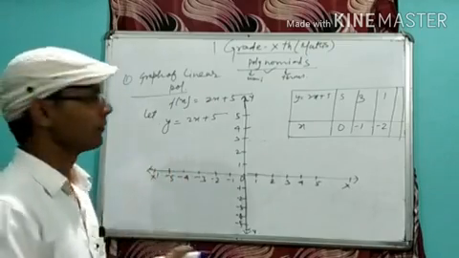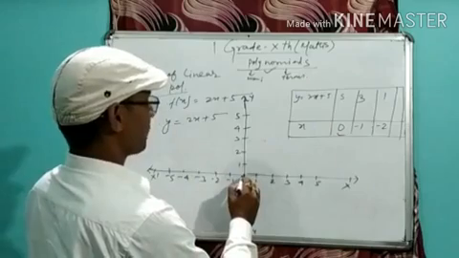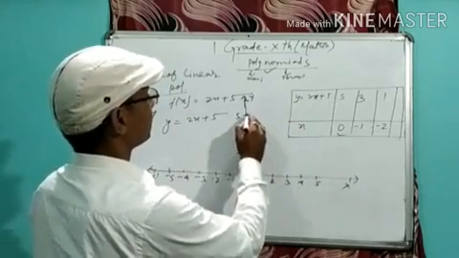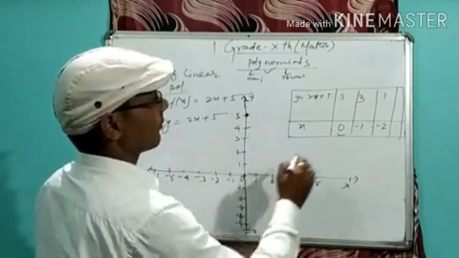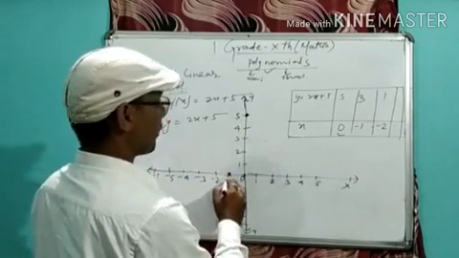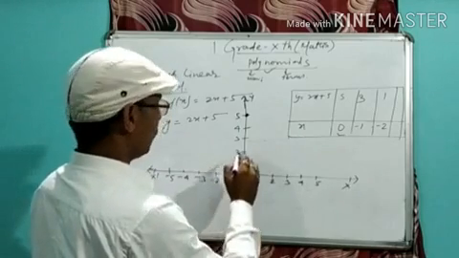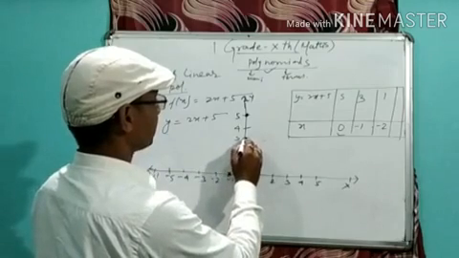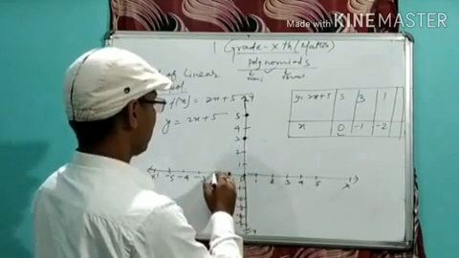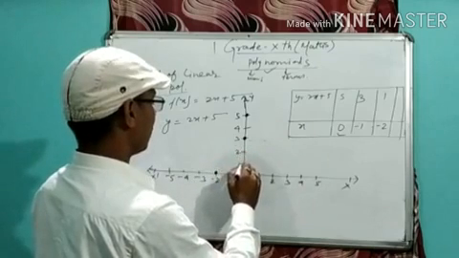Now I have to show it. On the x-axis, what is 0? Here, and on the y-axis plus 5. Then on the x-axis minus 1 and y is 3. At the x-axis minus 2, y-axis 1.